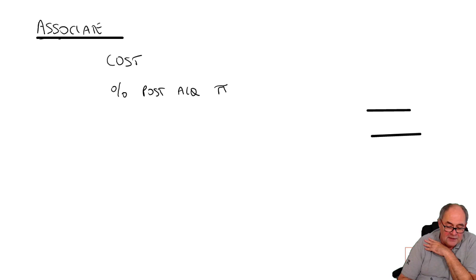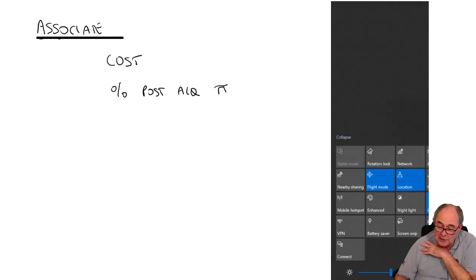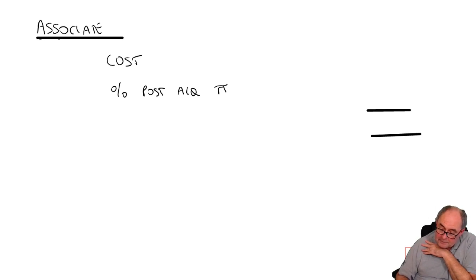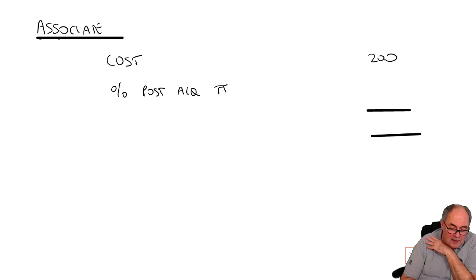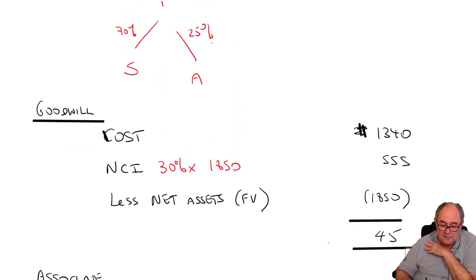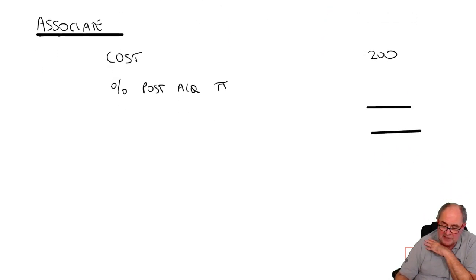So what have we got for the associate? We just said that the cost was 200. The share, look back at your group structure, was 25%.